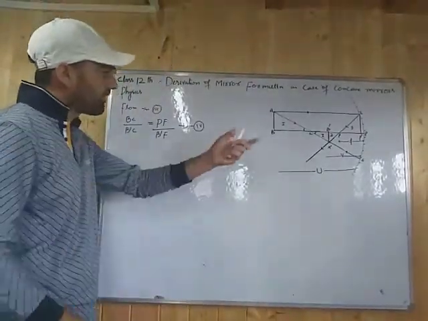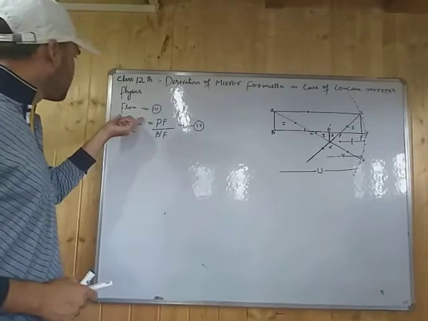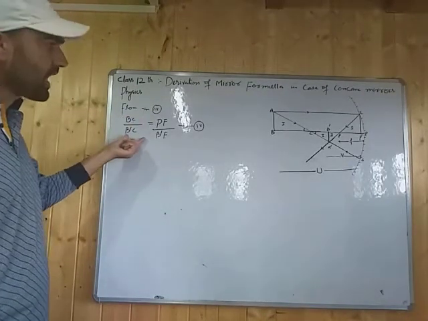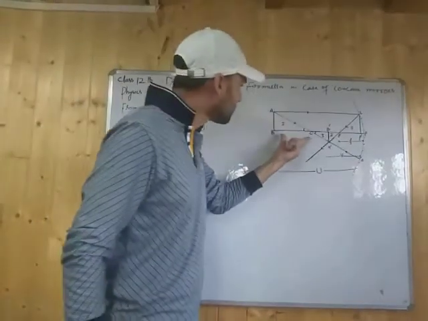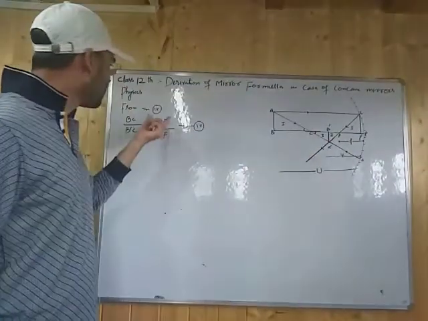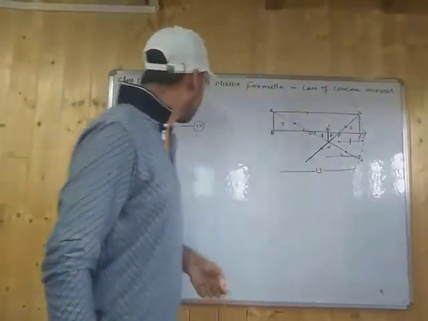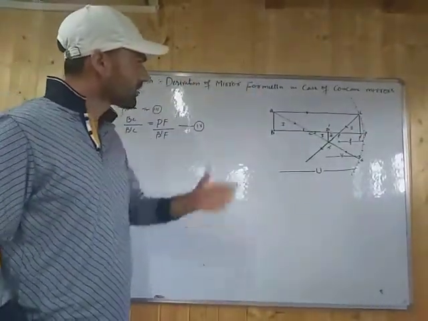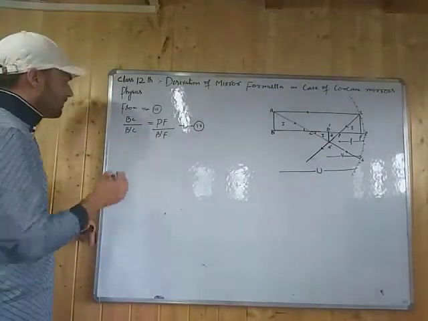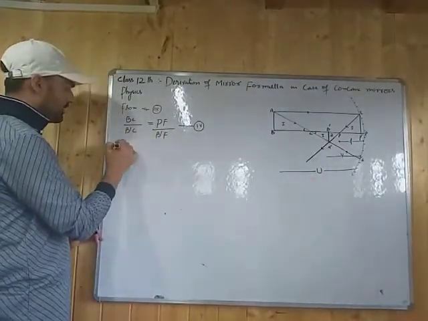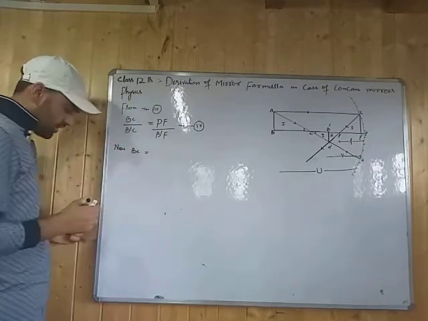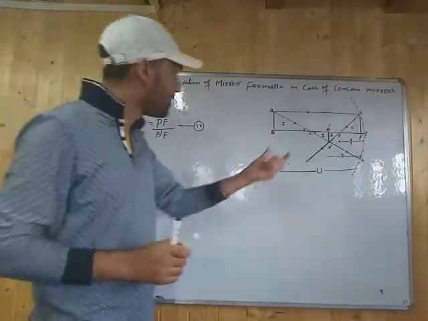Now, from the figure, we will see what BC, B dash C, PF and B dash F are.